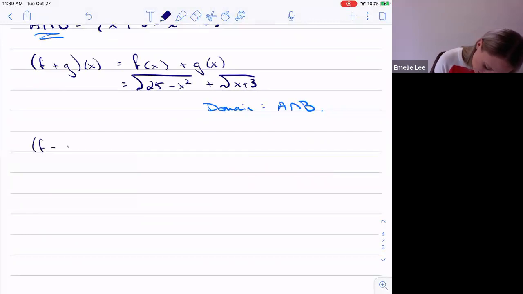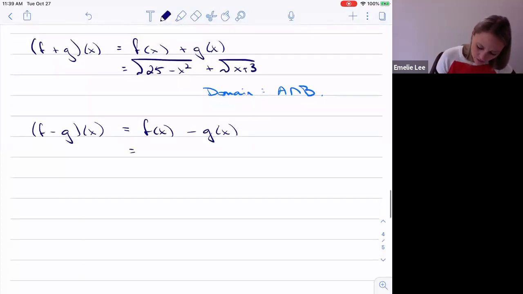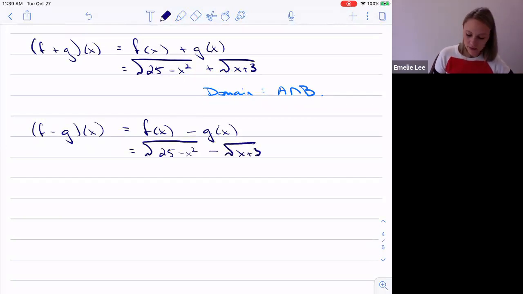What if we do f minus g of x? That is f of x minus g of x. Well, it's going to look a lot like this, except we're going to have subtraction in here. So it's going to be the root of 25 minus x squared minus the root of x plus 3.